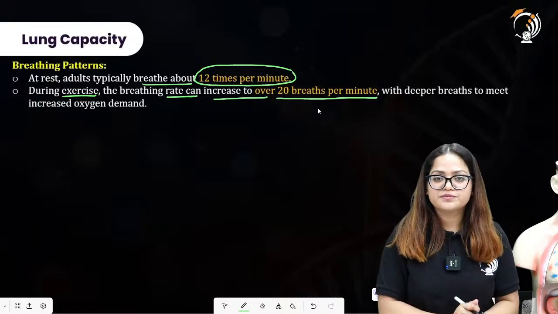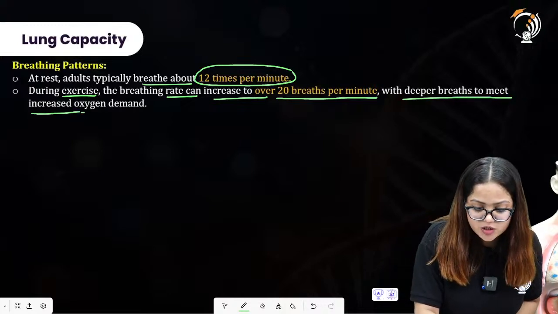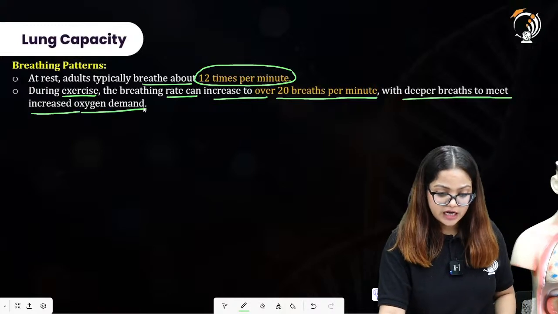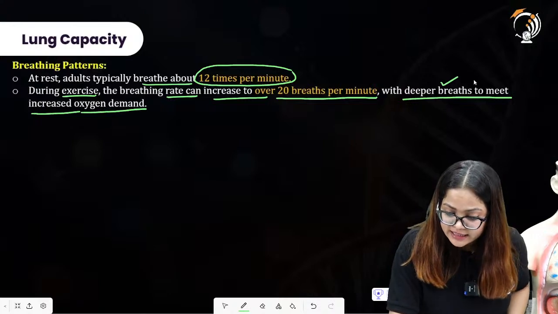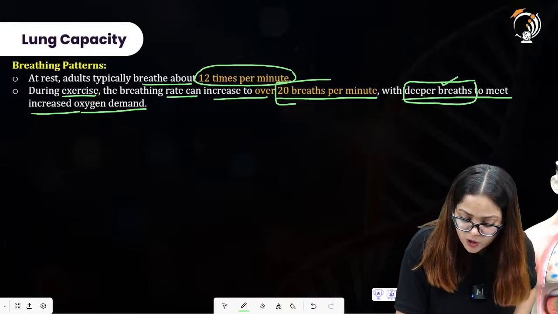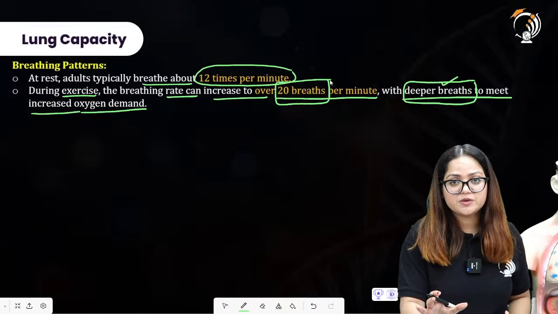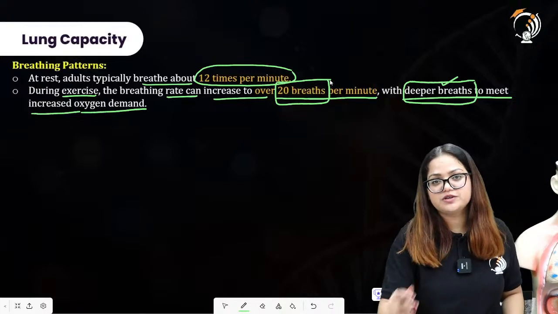With deeper breaths to meet the increased oxygen demand. Understood? The breaths become deeper and the rate of breathing also increases. So that should be noted from this particular slide because we have one question related to that.